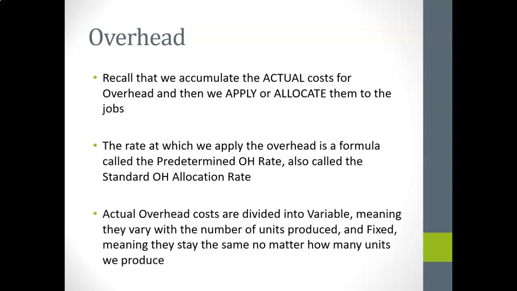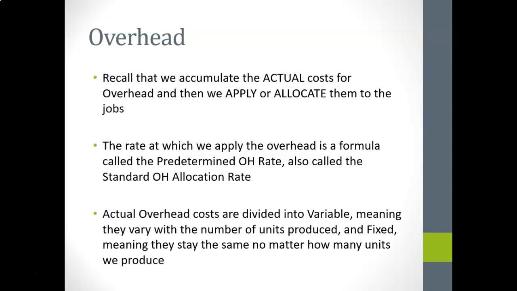You might also see this called the standard overhead allocation rate. It means the same thing. So we calculated a rate and then we multiplied it by however many of that cost driver that each job had, so that we could apply the overhead.